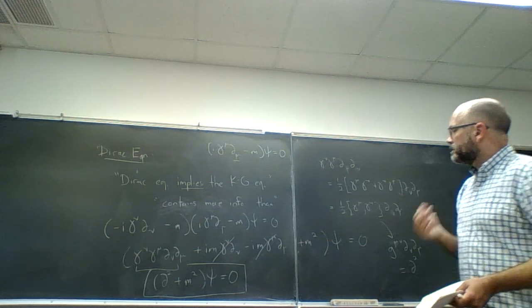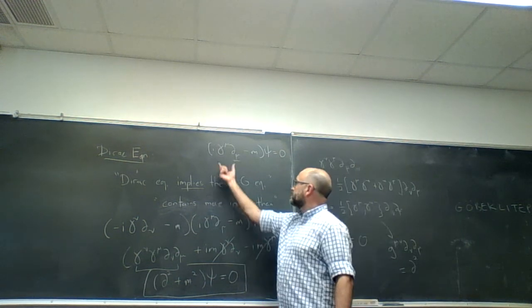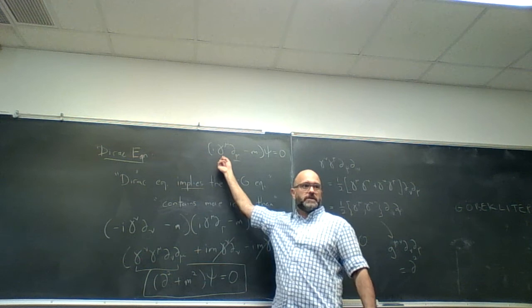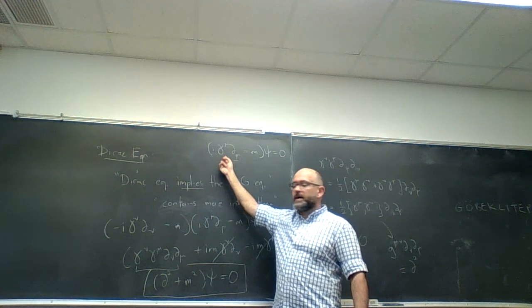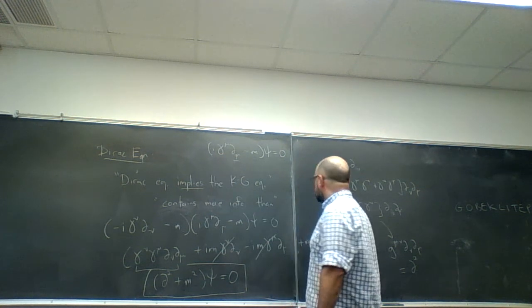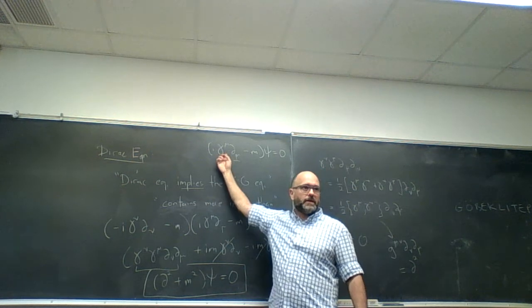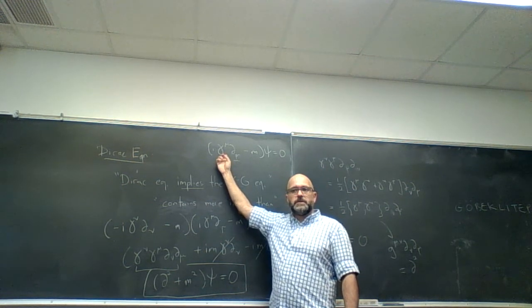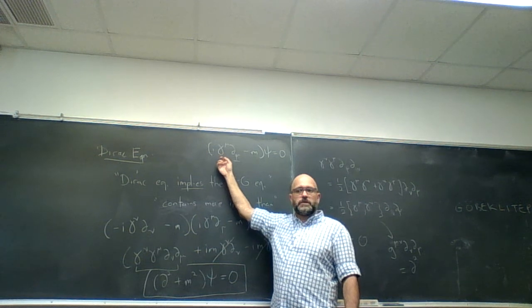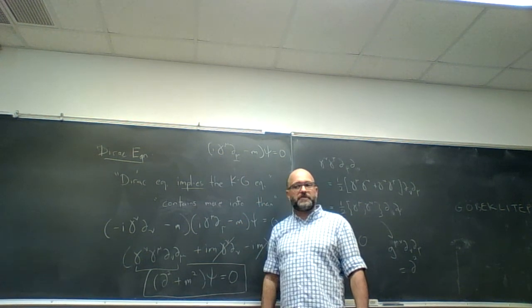No, I think the loss of information about the spin is coming from the fact that you're losing this guy. And remember, this guy depends explicitly on the Pauli matrices, right? And that's where spin information is going to come from.